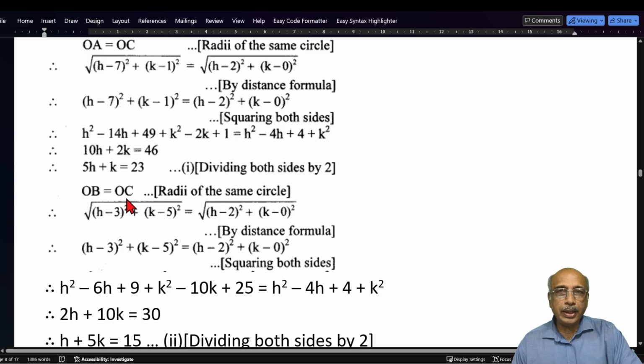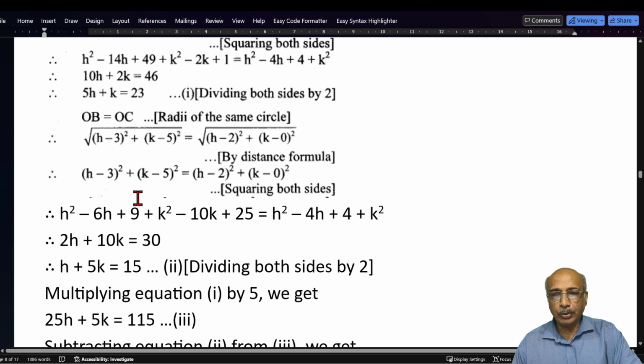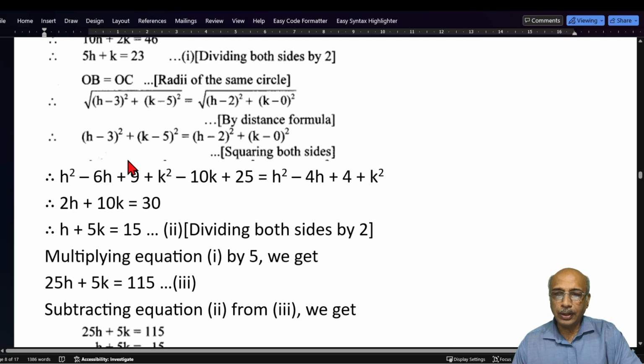Similarly, OB equals OC. First we have taken OA equals OC, now we are taking OB equals OC, radii of the same circle. Same method, distance formula, taking the square root on both sides. Taking the square of both sides, we get the equation (h minus 3) whole square plus (k minus 5) whole square equals (h minus 2) whole square plus (k minus 0) whole square.